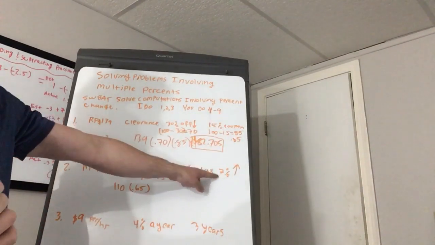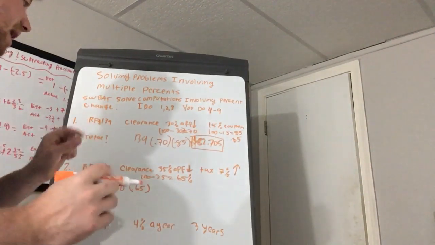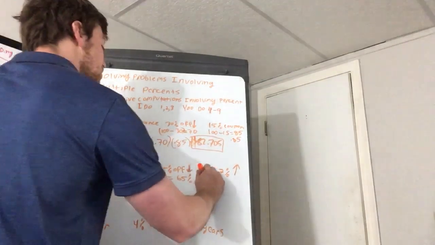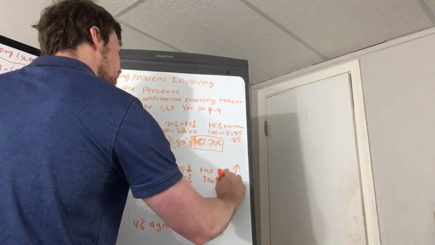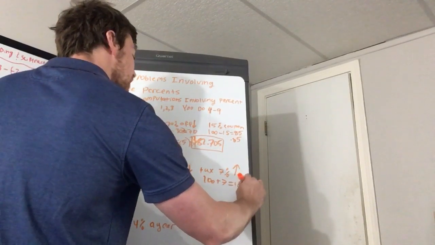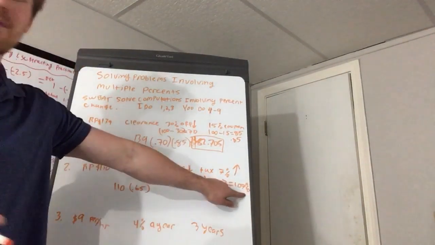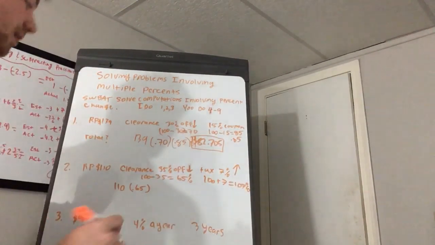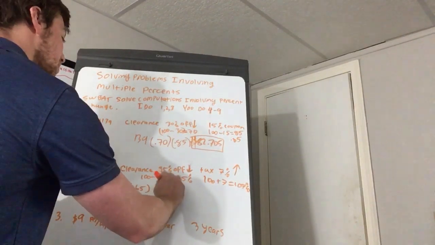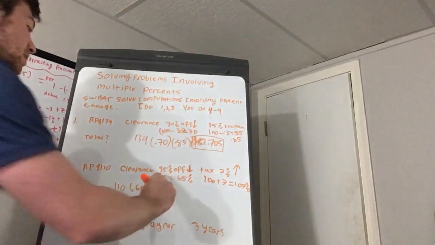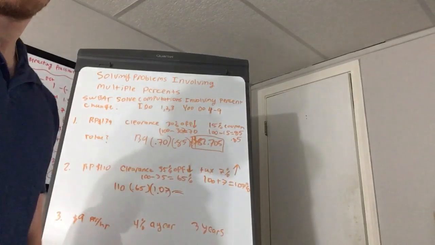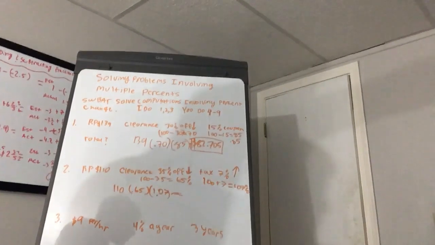And if this is a percent increase, you're going to take 100 and add. So 100 plus 7 is equal to 107%. What's 107% as a decimal? 1.07. Now, just multiply it together and you will get the correct answer.